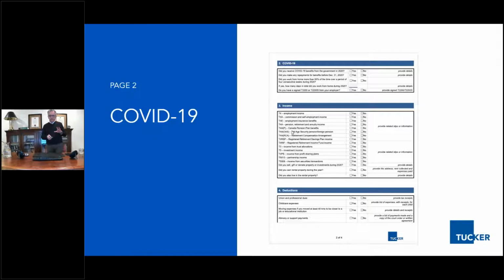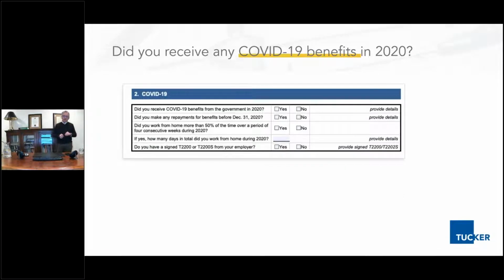Okay, now, page 2. So we've moved past page 1. We've gone through the relevant sections there. Now let's look at page 2, and we start with COVID-19. So let's just take a look and see what the questions are. The first question, we are getting a lot of questions from people around the CERB benefit, the Canadian Emergency Relief benefit that was issued.